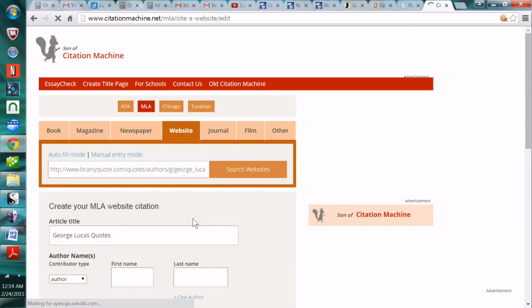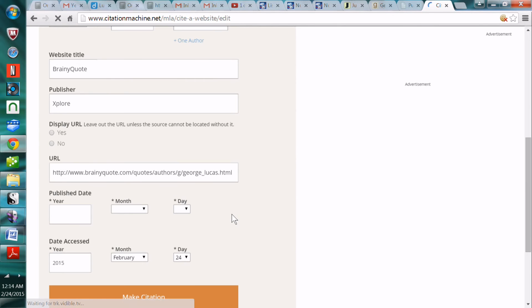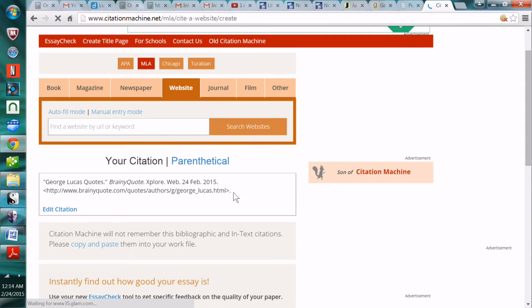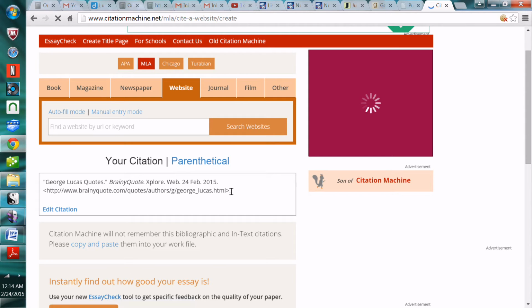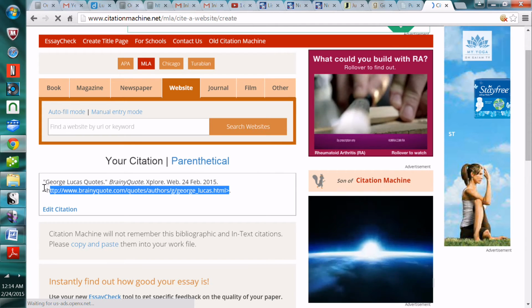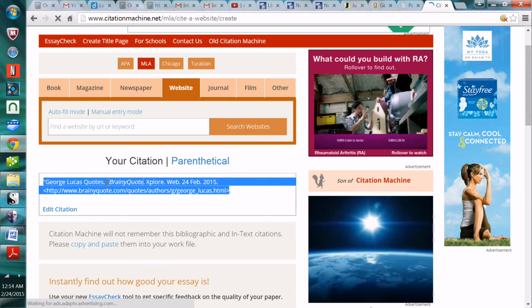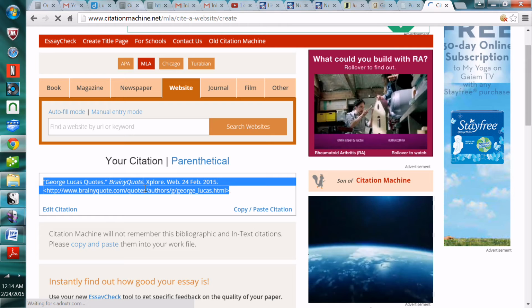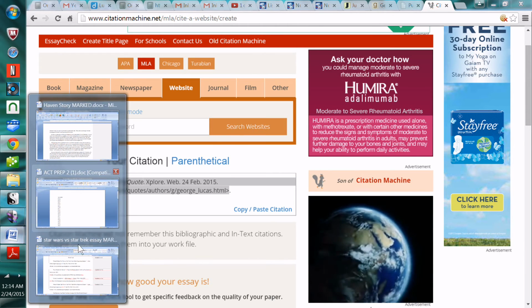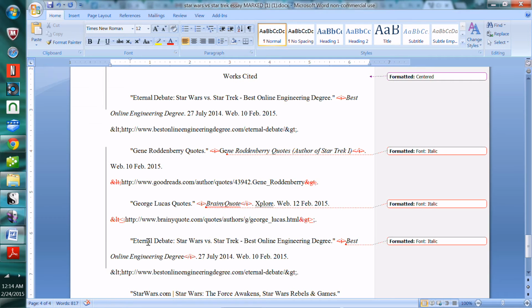Continue to final step. Make citation. And yes, that is what it's trying to be. It's trying to be those greater than and less than symbols. And you can see that Brainy Quotes is italicized. So let's copy and paste this and put it in correctly. And that is this one right here, I think.